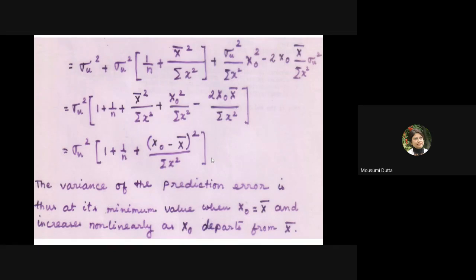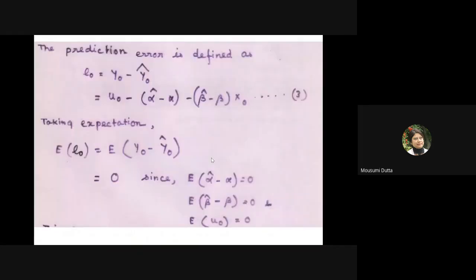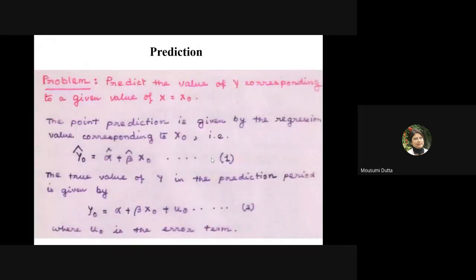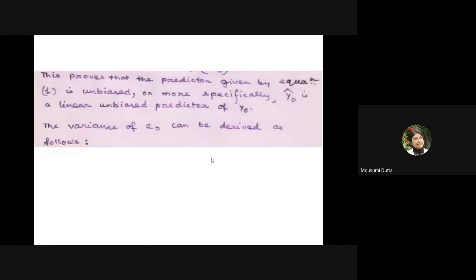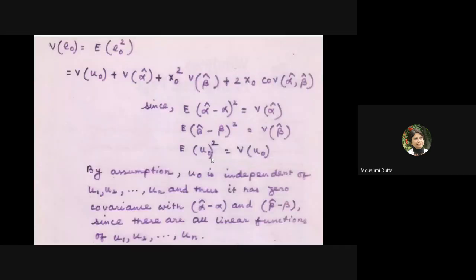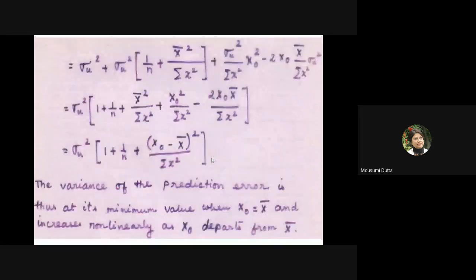Look at the basics of prediction from any book: why we predict and what it means. Then, in a regression analysis, how we consider the prediction error and what the nature of the prediction error is. Up to this I covered; the rest I'll cover in the next class along with heteroscedasticity.